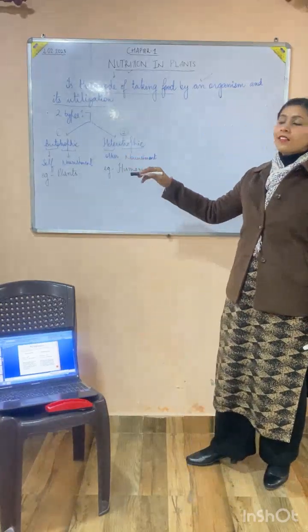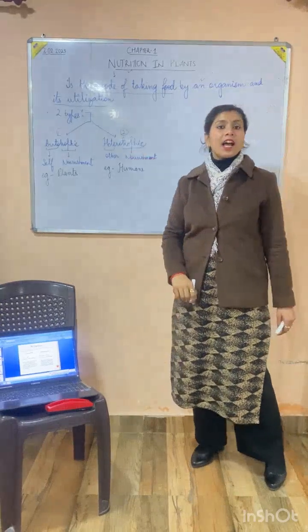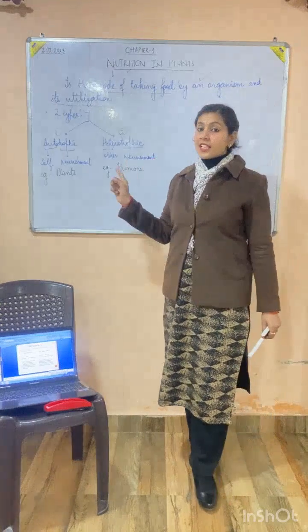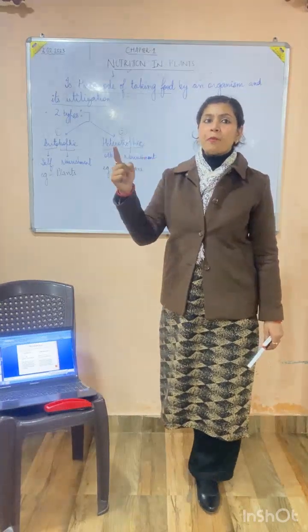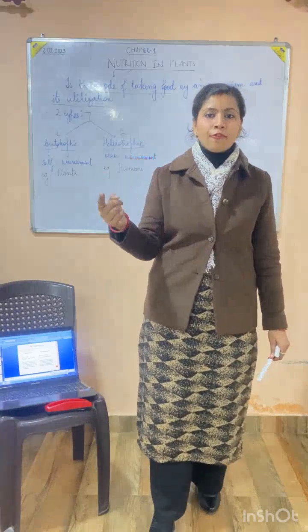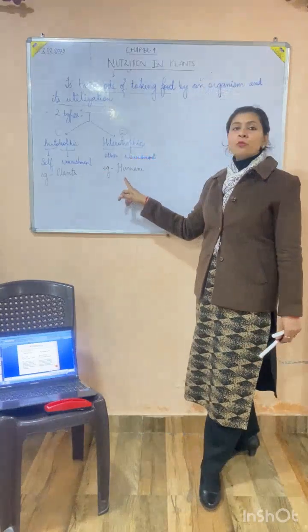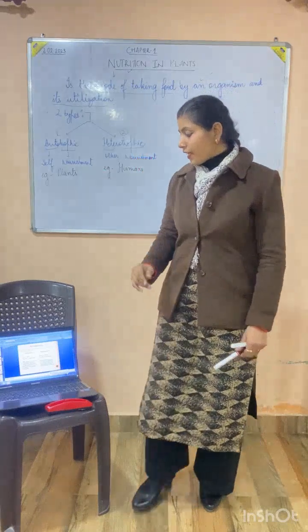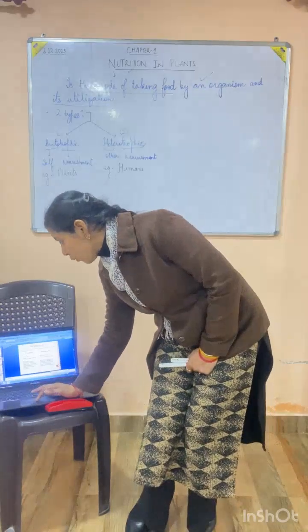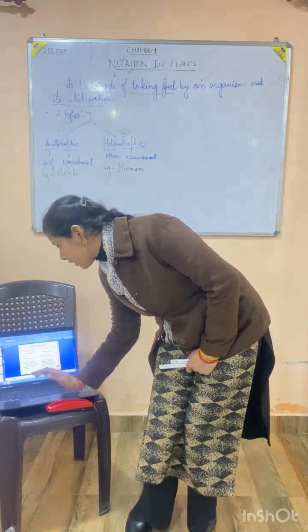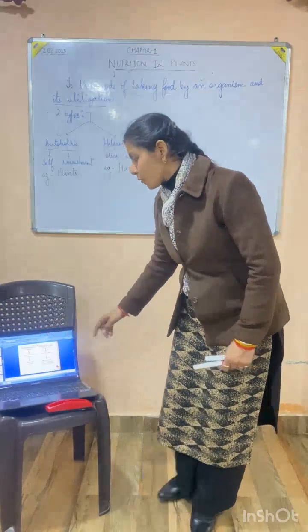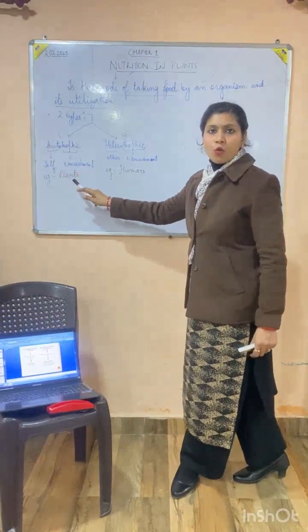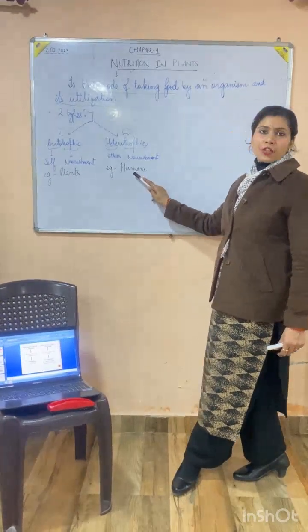And as the name suggests, hetero means other and troph means nourishment. That means these are the organisms which depend upon others for their food, for example humans and animals. As I show in this slide, these are the autotrophic mode of nutrition, that means plants make their own food, and after that heterotroph.